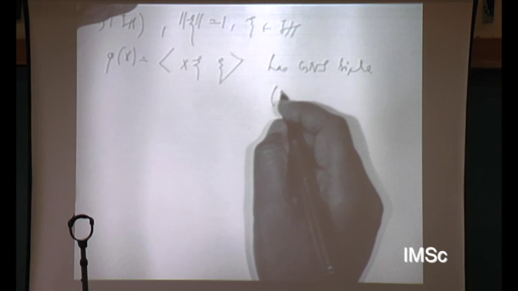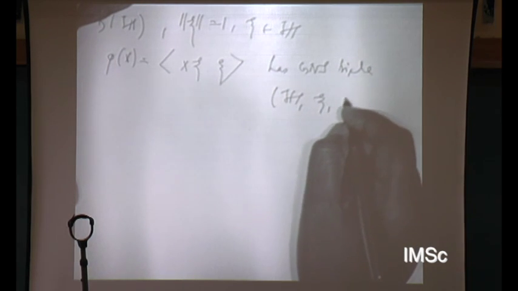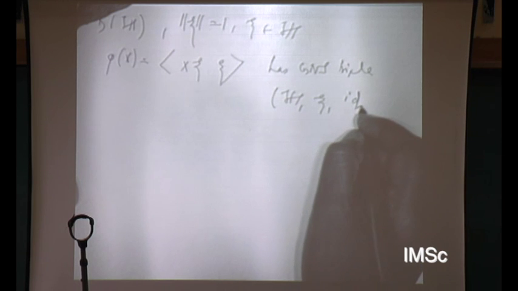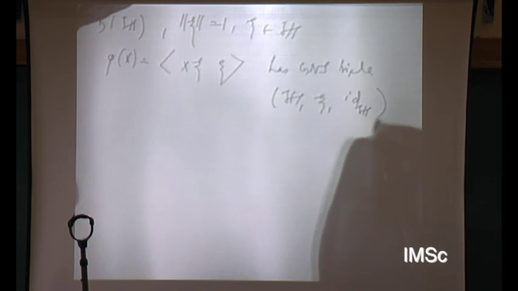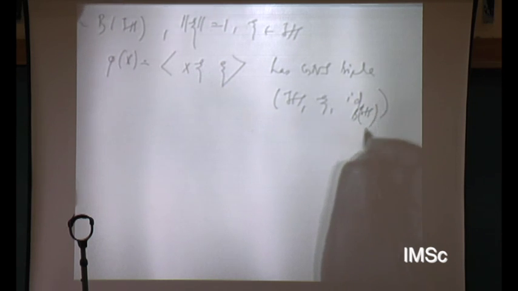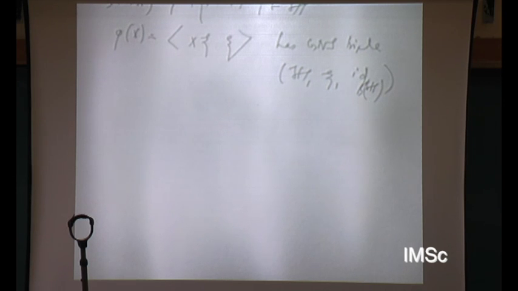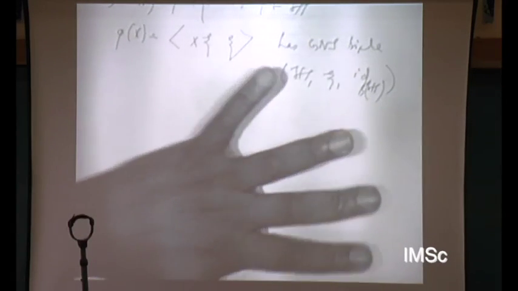It's going to be H, psi, and B of H, just the identity representation, B of H as operators on H. So this is the GNS triple for this thing.